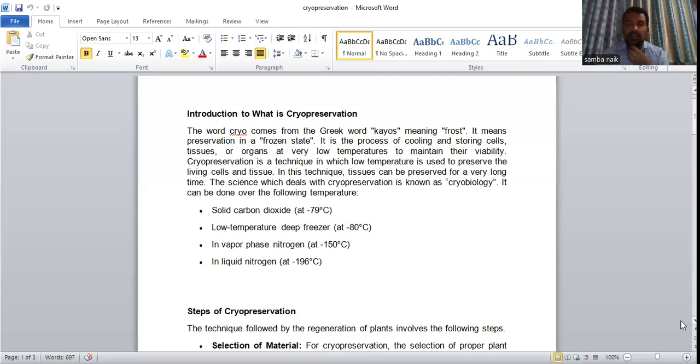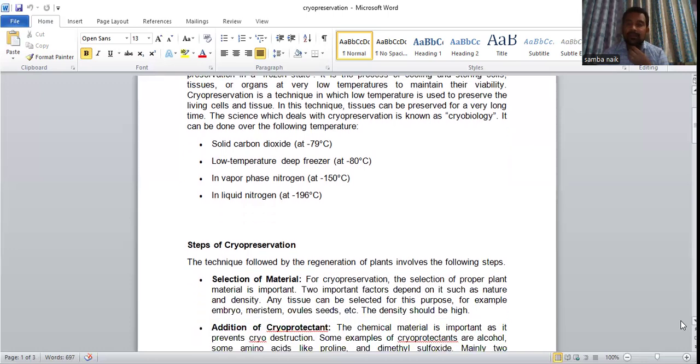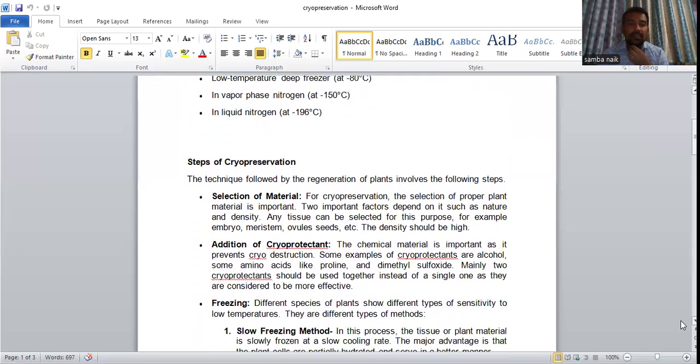In this cryopreservation, several steps are there. We will see one by one. The first is selection of material. It's very important to select the material we are preserving. The selection of proper plant or animal material is important.